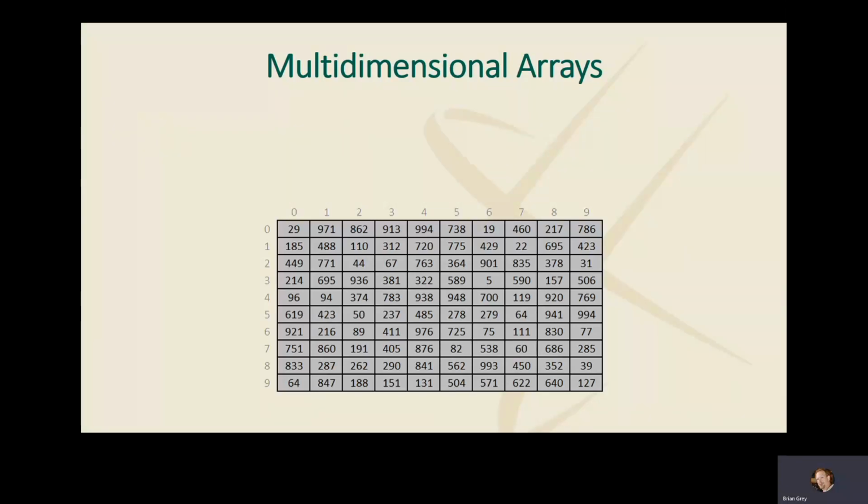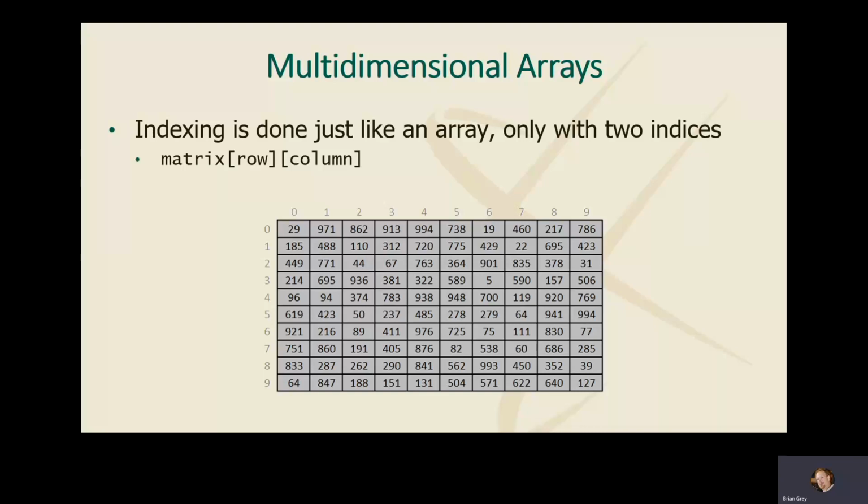Indexing is done just like an array, only with two indices. So if this 2D array is named matrix, you go row, column. That's it. So if we have matrix 2, 7, what do we get? Well, we can come down and we can see, okay, row 2, right?